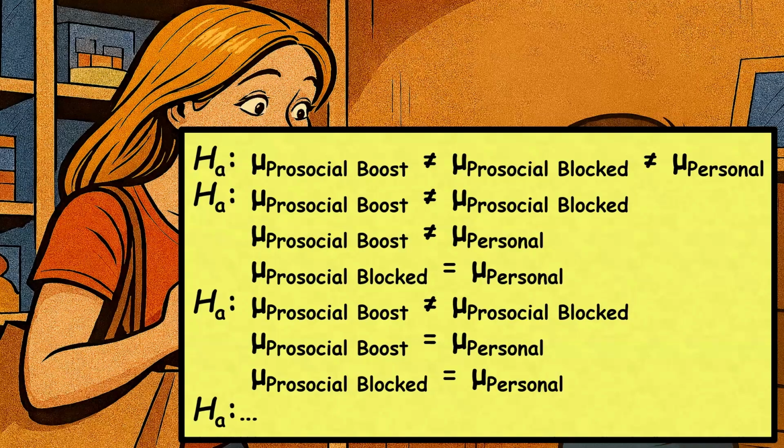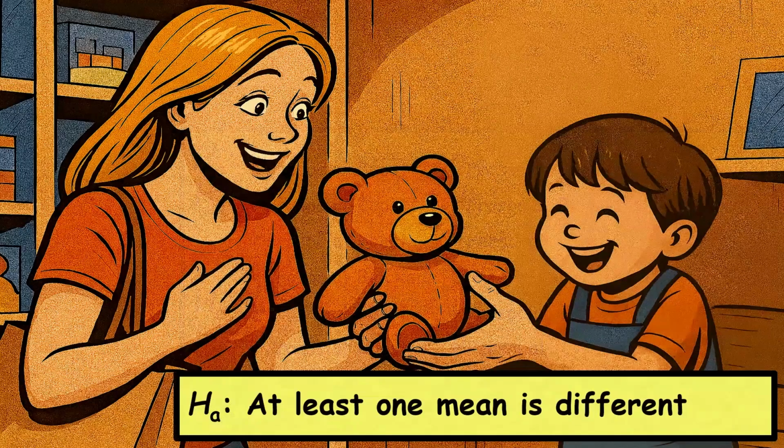You would have a novel of your alternative hypothesis, or you can just write at least one mean is different. And we understand that that means that any of those combinations could be covered or are covered by that alternative hypothesis.